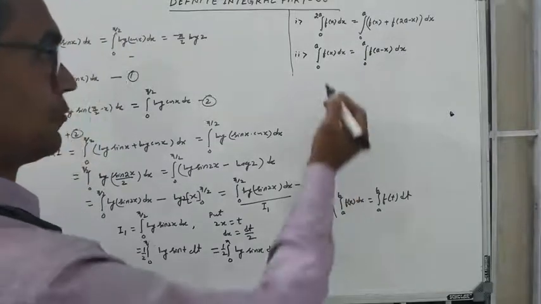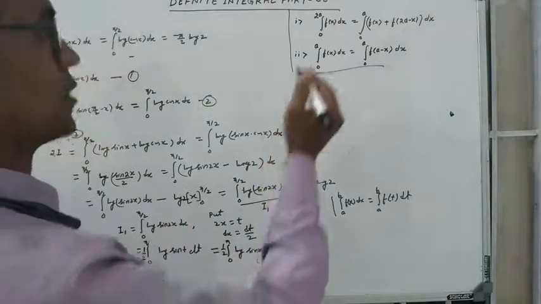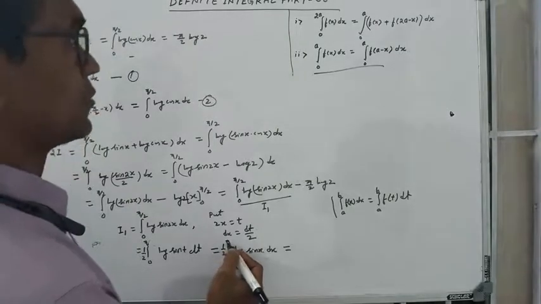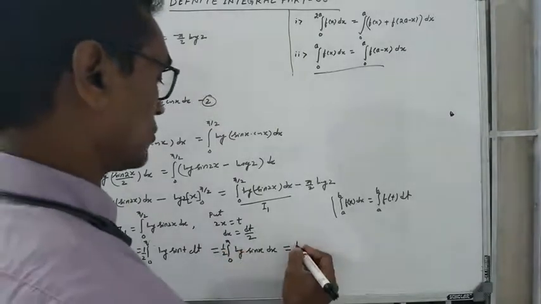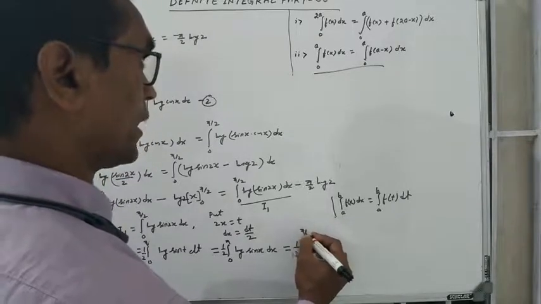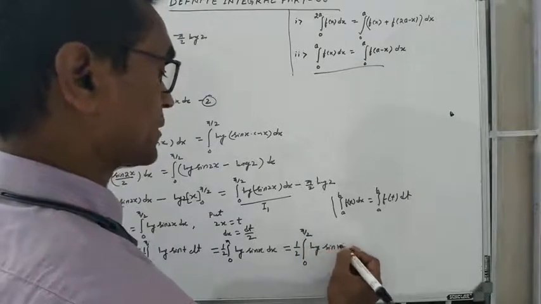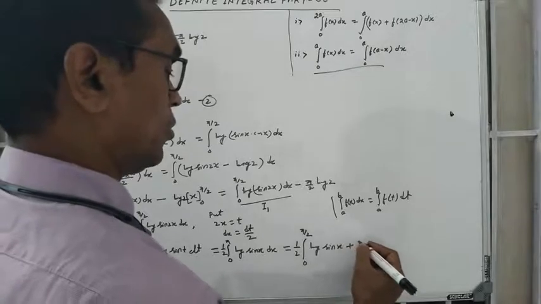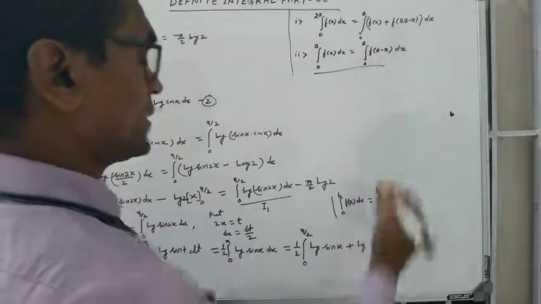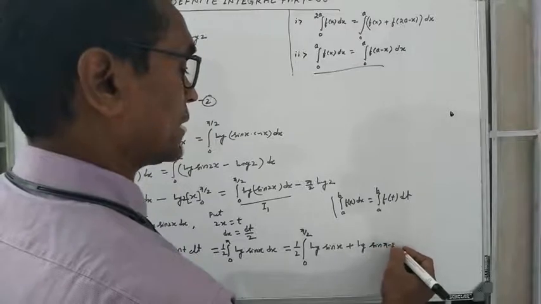Now again we will apply the 2a formula. So the first one, 0 to 2a, we take pi as 2a, so a will be pi by 2. So 1 by 2 and the integral from 0 to pi by 2 of f x, that is log sin x, plus log f of 2a minus x, so 2a is pi, so log sin of pi minus x.